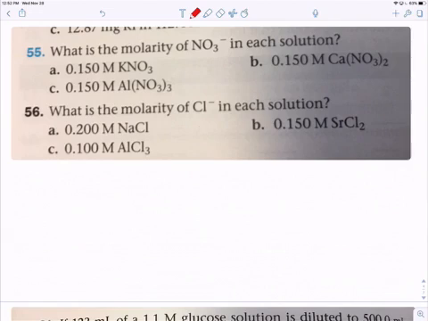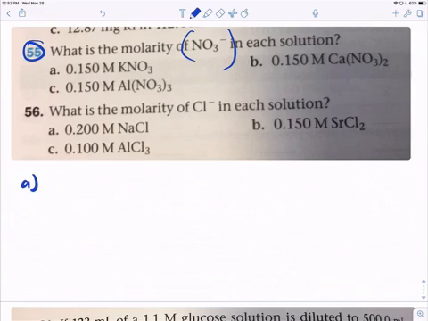Okay, there's a problem like this in the final, and from my lab section, students are having a hard time with this one. So, the molarity of an ion, I do want to go through each of them. If you look at the nitrate, you're looking at the nitrate only. And for part A, it's just straight across.